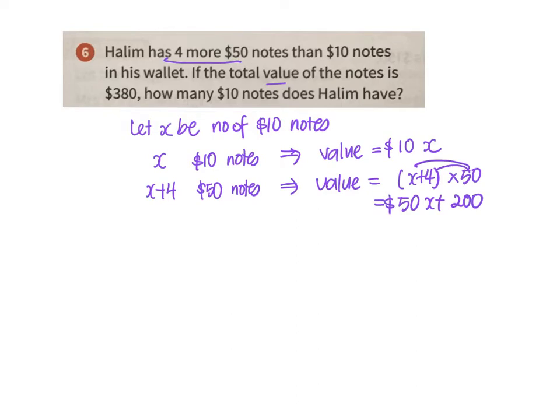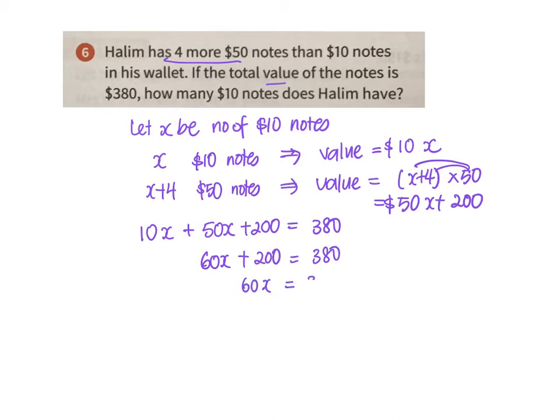Now the question says the total value of the notes is 380, that means I will have a total value of 10x plus 50x plus 200 to be equal to 380. How can we solve this equation? Simplifying, we have 60x plus 200 to be equal to 380.